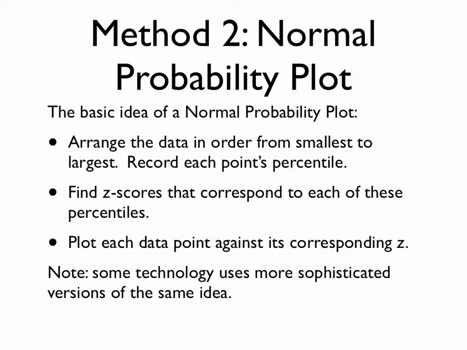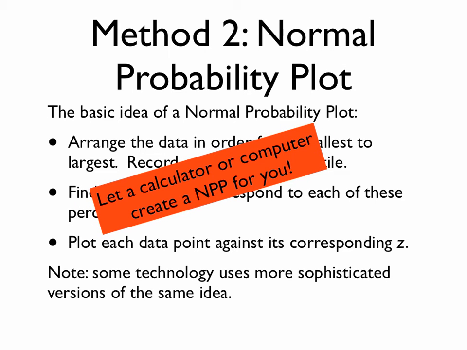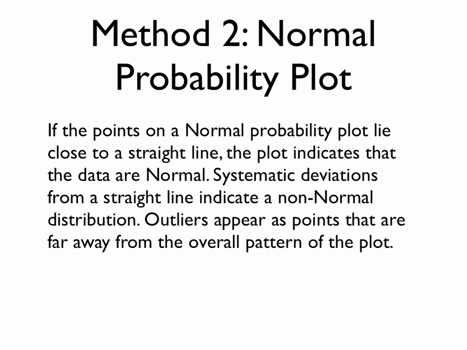Now this seems kind of technical, and some technology uses even more sophisticated versions of this same idea. The suggestion is to let a calculator or computer create the normal probability plot for you. What's really important is how to interpret these normal probability plots.